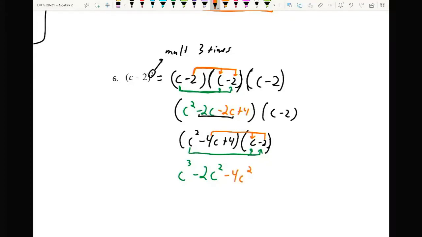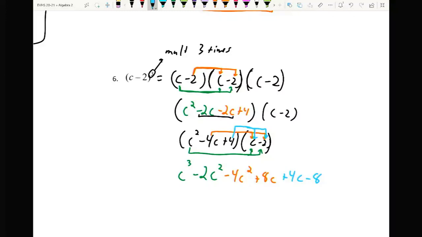And then times the -2 gives me +8c. Now we've got another one we've got to distribute. We've got to do this +4 times c, which gives me +4c. Then we're going to have to multiply it by the -2, which gives me -8.